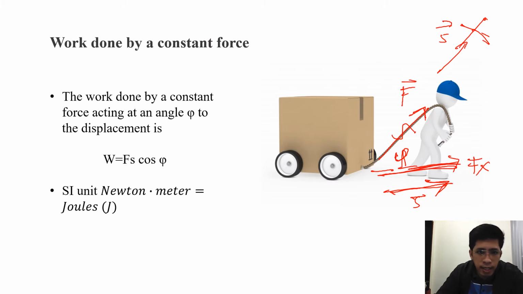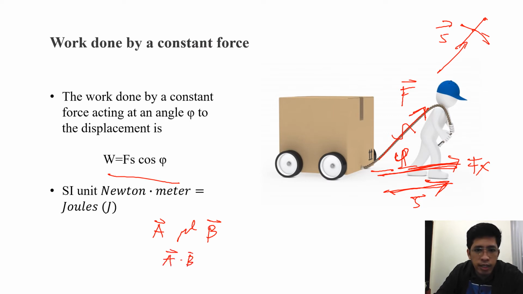Now, interestingly, if you observe that work is equal to Fs cosine phi, this is actually familiar, right? If you're not familiar, let's remember this. You have two vectors, A and B. What happens if we take the dot product, or scalar product, of the two vectors?